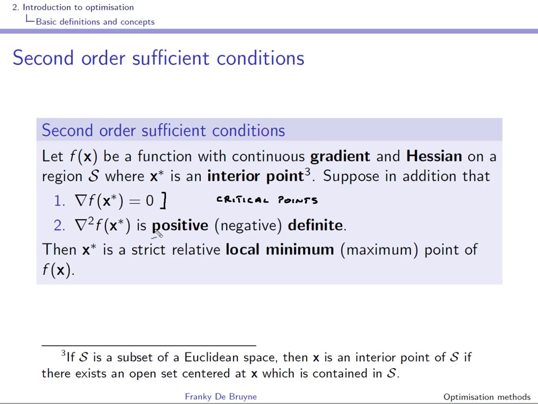If the Hessian is positive definite, then we have a local minimum. If the Hessian is negative definite, then we have a local maximum. If the Hessian is indefinite, so neither positive definite nor negative definite, then we have a saddle point.